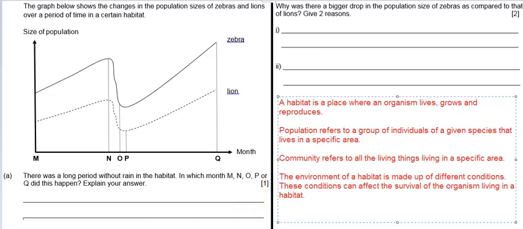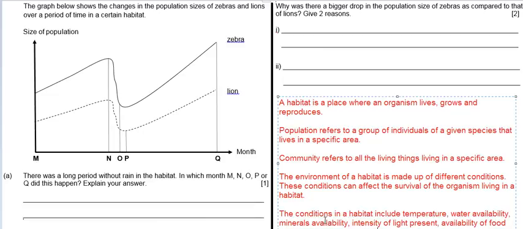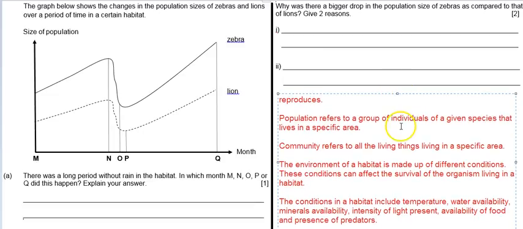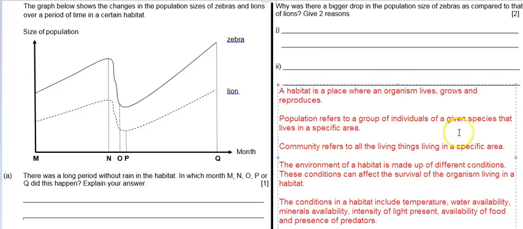They include environmental factors, which include temperature, water availability, the availability of minerals in the soil, how much light that organism can receive, and of course the availability of food and the presence or absence of predators. Okay, so these are the things that you really need to know when we talk about this question.